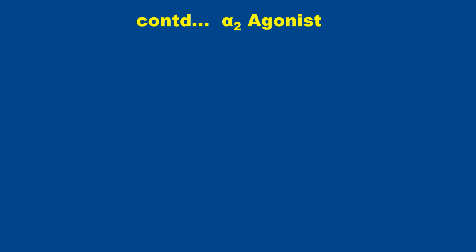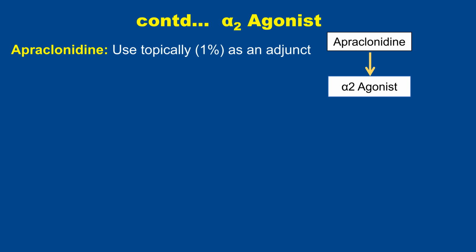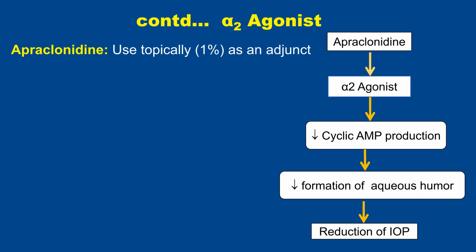Next class of adrenergic agonists includes the alpha 2 agonist, apraclonidine. Apraclonidine is used topically at 1% as an adjuvant drug. This is the mechanism of action of apraclonidine: it acts as an alpha 2 agonist. It decreases cyclic AMP production, which in turn decreases the formation of aqueous humor and helps in reduction of intraocular pressure.